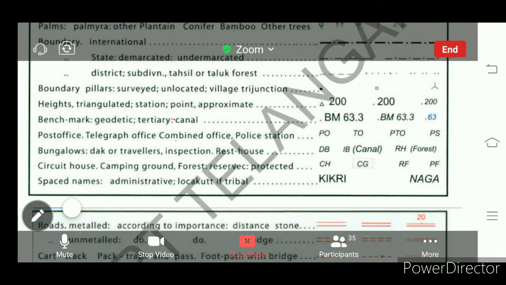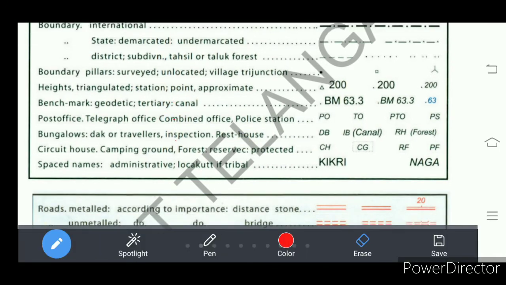See here, what is the symbol used to show the post office? It is PO, post office. Telegraph office is TO. If it is combined, post and telegraph office, then PTO.